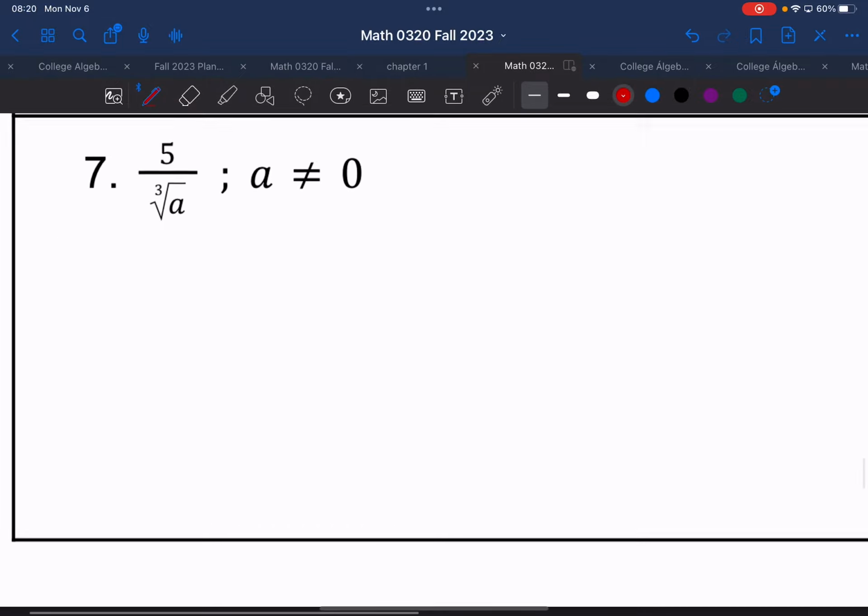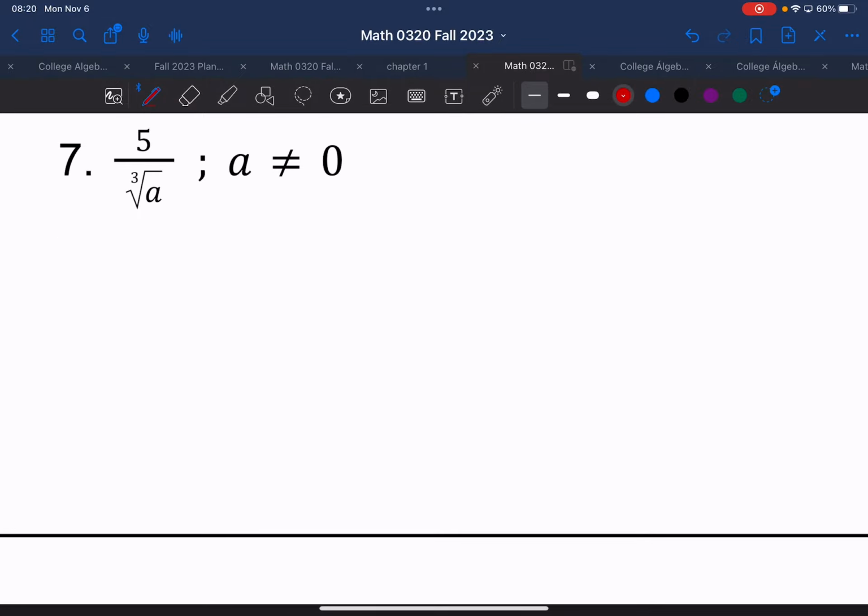Okay. Now let's look at our first example to rationalize a denominator. We have number 7, 5 over the cube root of a. Okay. So if we have any radicals in the denominator, in order to get rid of that radical, we are going to have to multiply the top and bottom by whatever radical will cancel out the bottom.